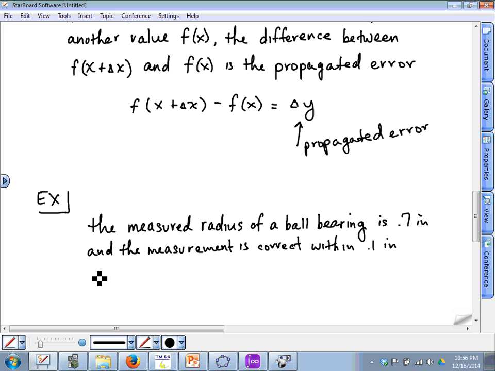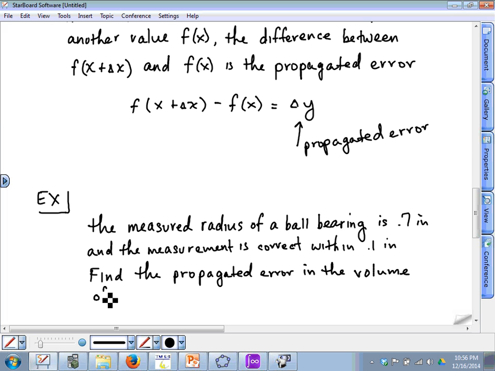So find the propagated error in the volume of the ball bearing.